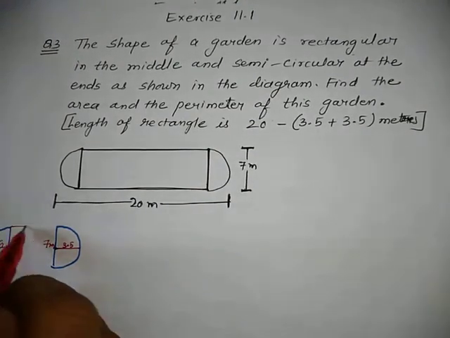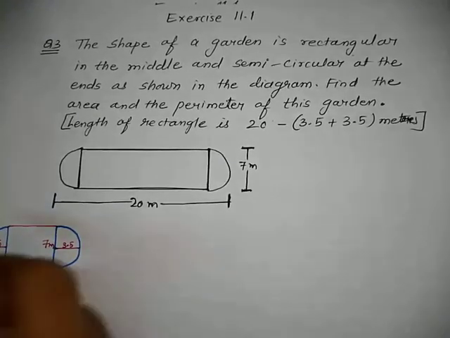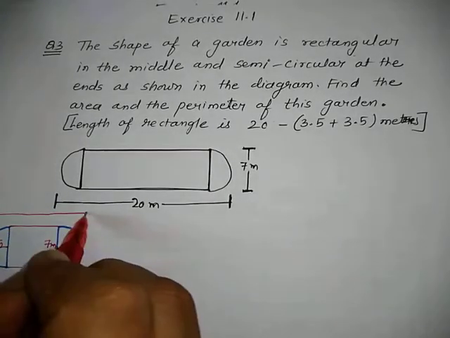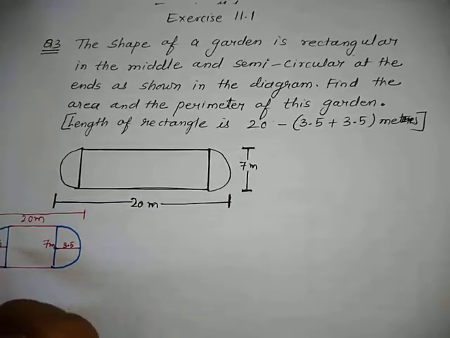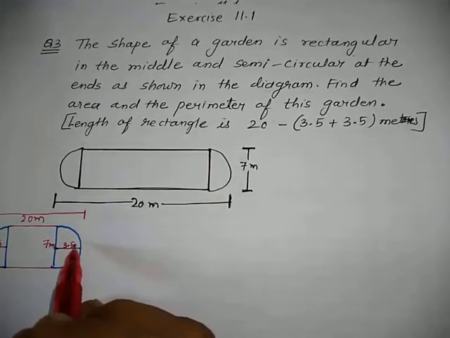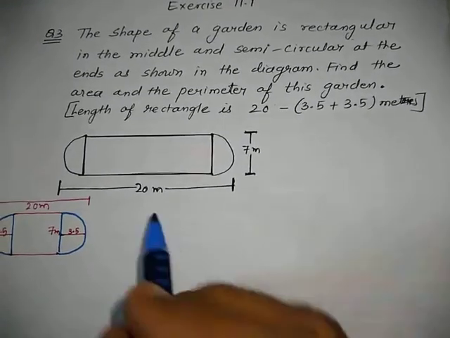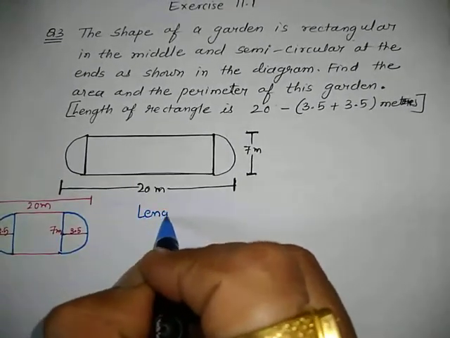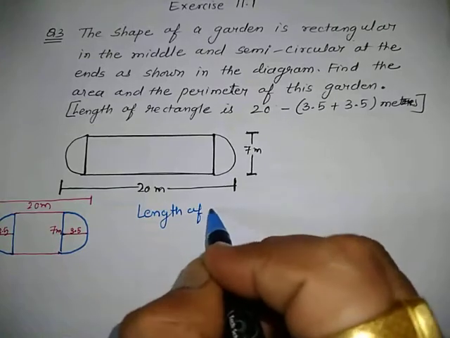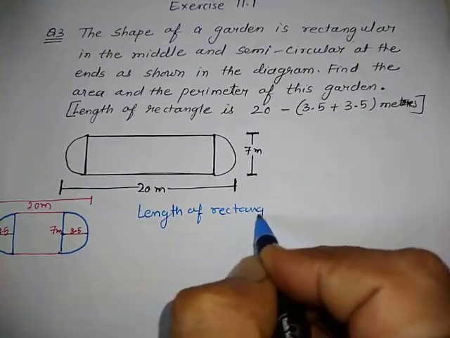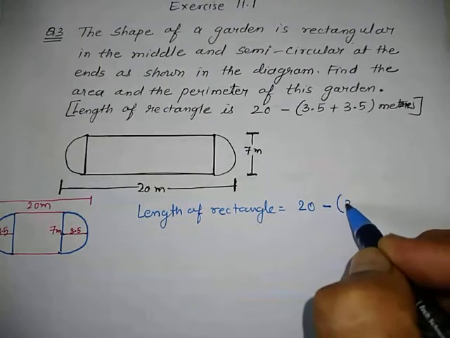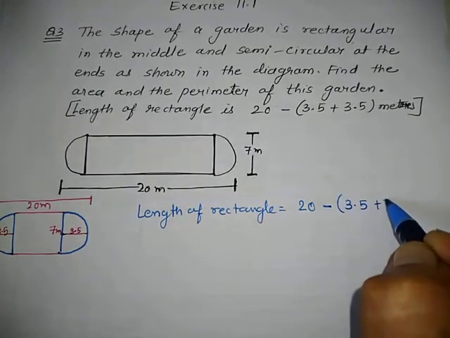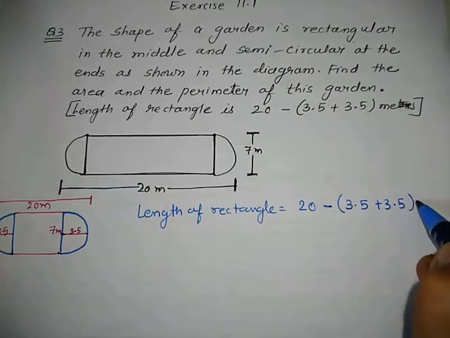So in total they have given 20 meters, from here to here, and out of this 20 meters we need to reduce both sides. So the length of the rectangle is equal to 20 minus 3.5 plus 3.5 meters.